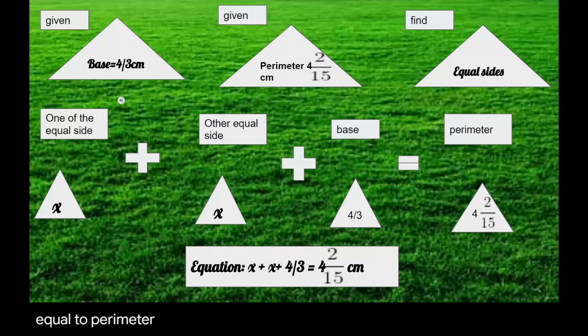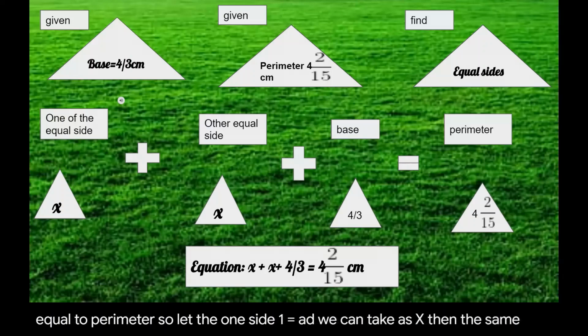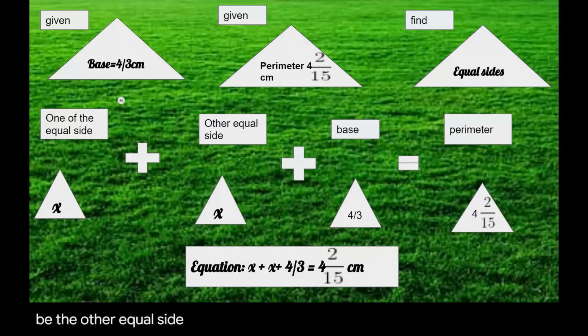So let one equal side be x. Then the other equal side will be the same. Then the base is already given, that is 4 by 3. So now we got the equation x plus x plus 4 by 3 is equal to 4 2 upon 15. Clear?